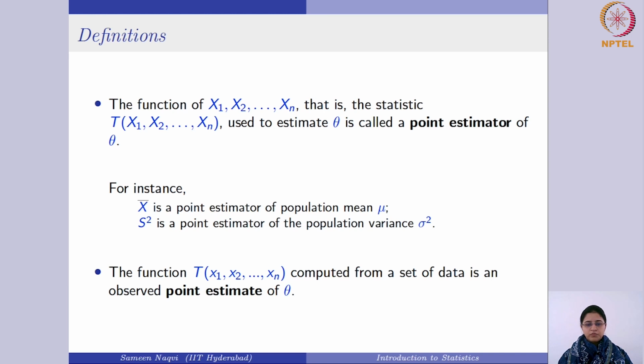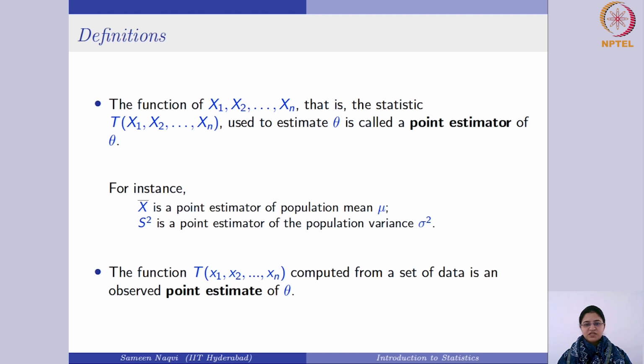So now we have talked about what is a point estimator, what is a parameter space, and we know there is a population parameter also existing, and our interest is to estimate that population parameter. And we said that a point estimator would be basically a single value.